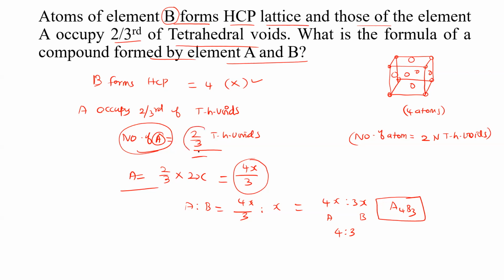So already it occupied only 2/3. So into 2, if you put it, you'll get the same number of voids. The tetrahedral voids we have to calculate. That's why we are multiplying with 2. Why? Because if n number of atoms are there, 2n number of tetrahedral voids are there. Okay. Okay, sir.